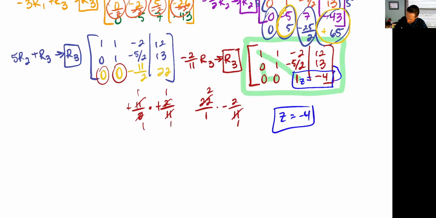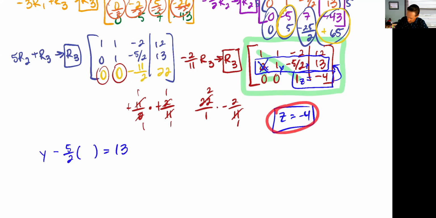And once we have that, then we go up a line and we use this next row or equation, which says 0x's, which means I don't even need that, but I got the y's and the z's. And so I know that 1y minus 5/2 of our z is equal to 13. And I put parentheses when I said z because we know our z is -4.